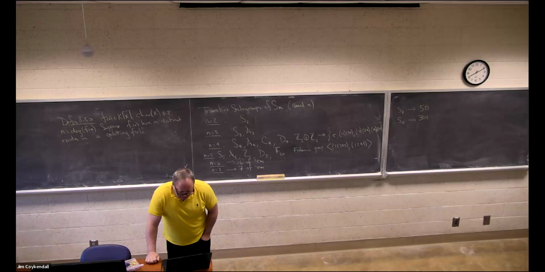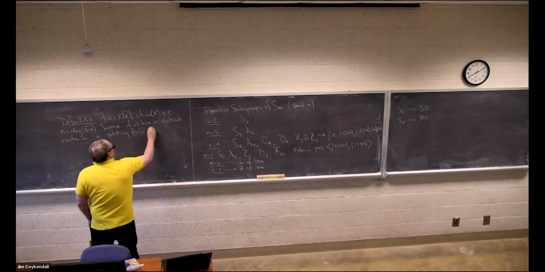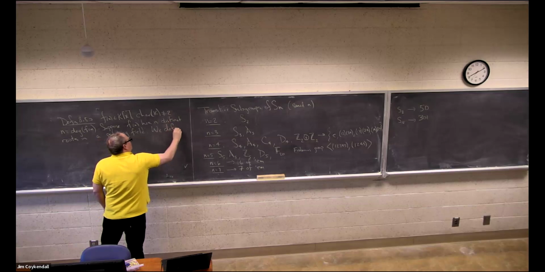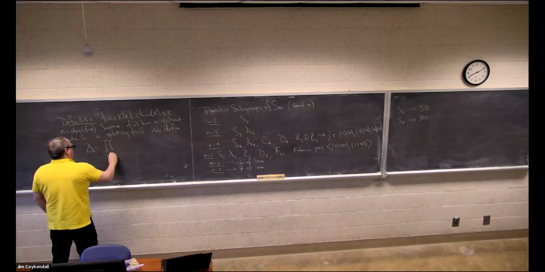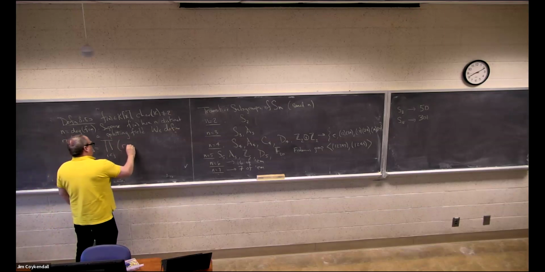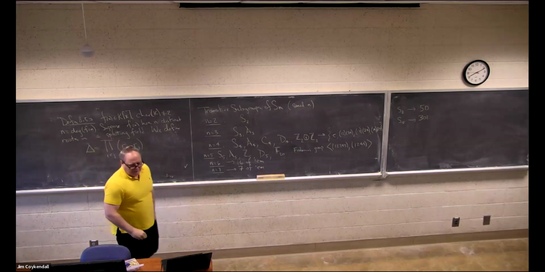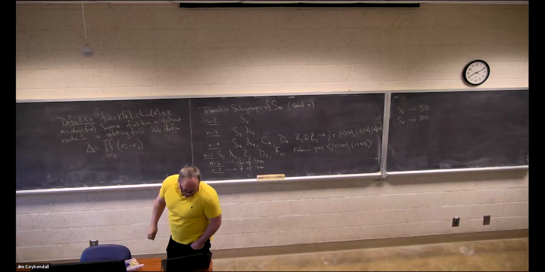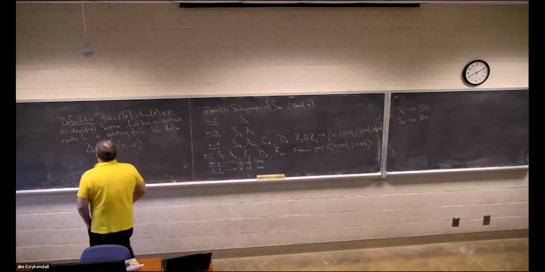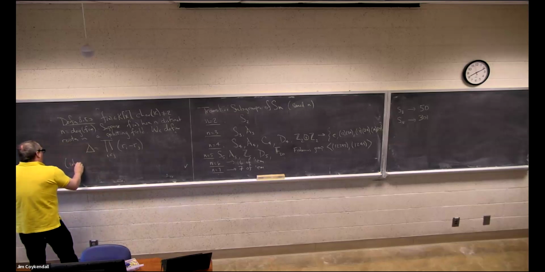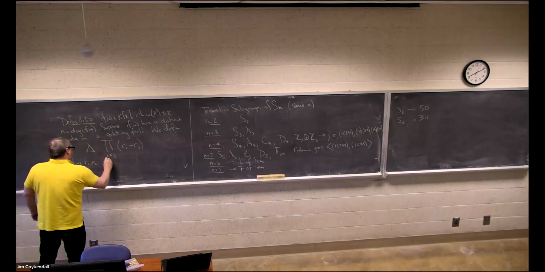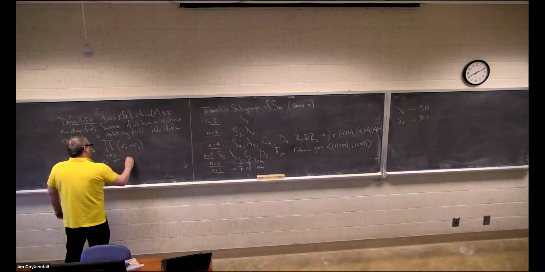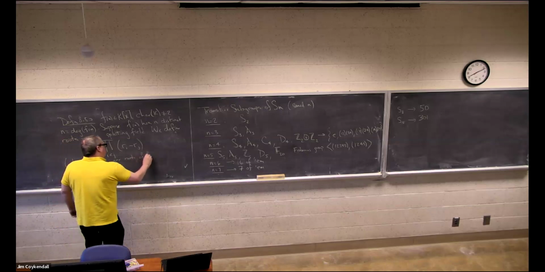Then we define delta to be this product of R_i minus R_j, where R_1, R_2, ..., R_n are roots of f(x).